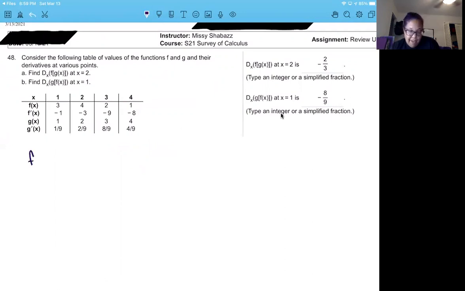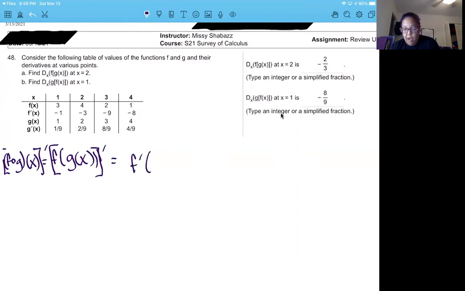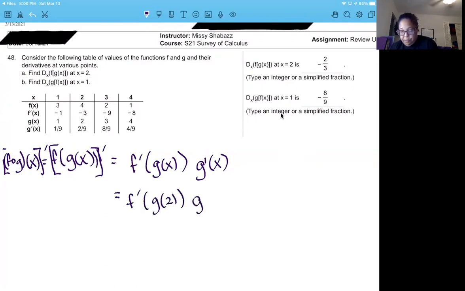So remember, if I have f of g of x, or f composed with g of x, then the derivative of that is f prime of g of x times g prime of x. So if we want to evaluate that at 2, I want f prime of g of 2, g prime of 2. So first I'm going to find g of 2.